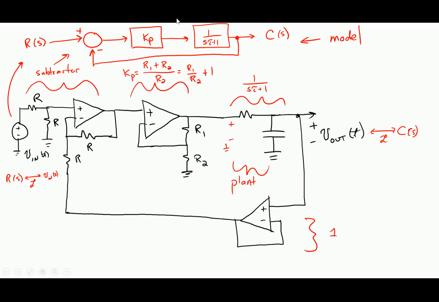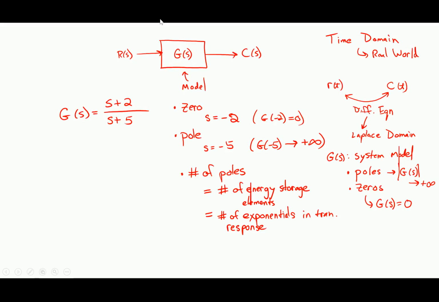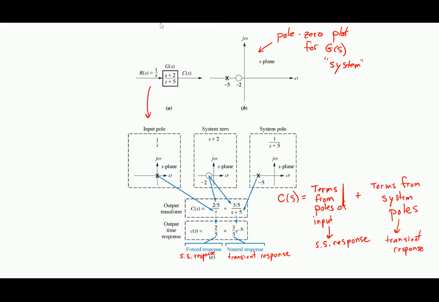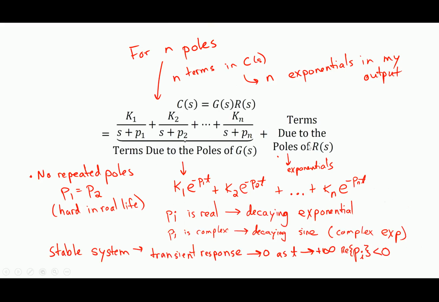Because control systems require me to modify the system model, I am modifying its transient response and hence moving its poles around, potentially making it such that my poles no longer have negative real parts, meaning that it's possible for my transient response to not go to 0 anymore, and thus for my system to become unstable.